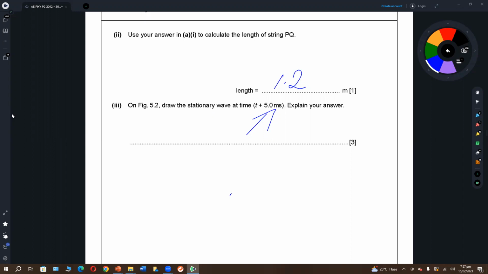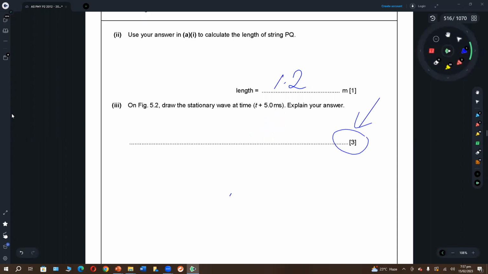Now we should know before solving this part, even though it's a small part, you can see the marks, 3 marks, it means there is some issue.